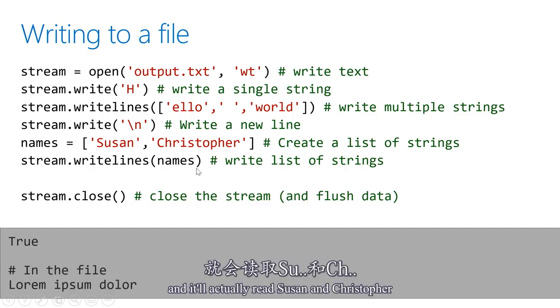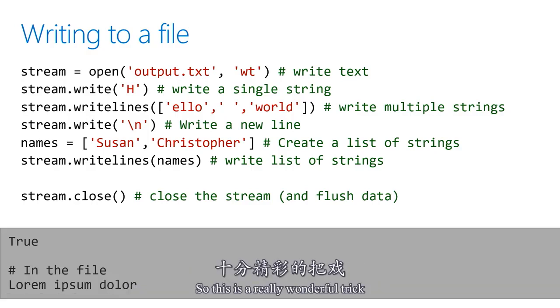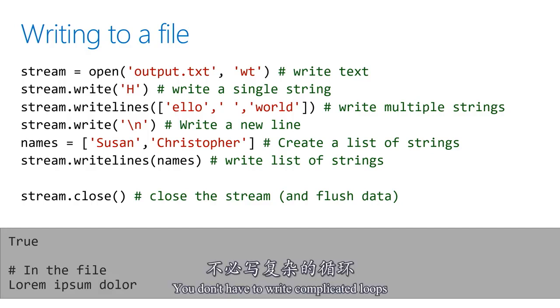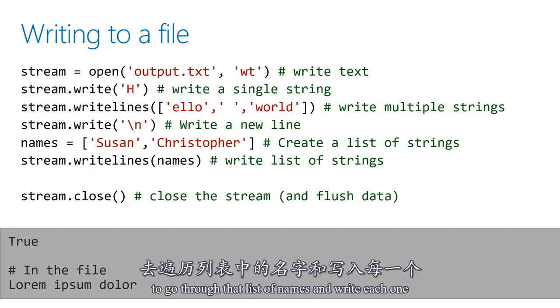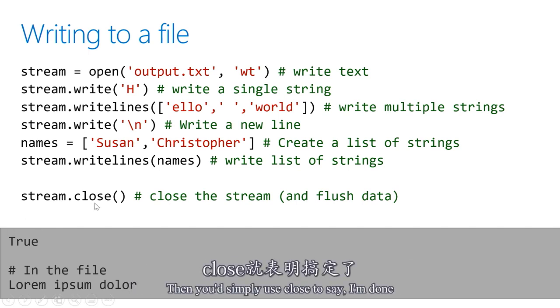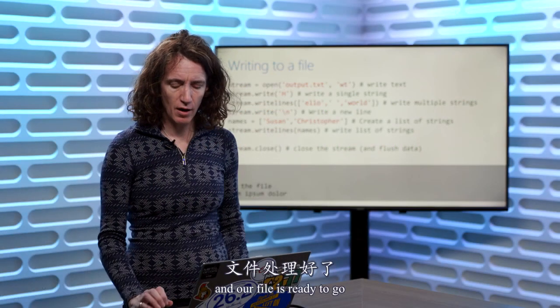And it'll read Susan and Christopher and write the names Susan and Christopher to the file as well. So this is a really wonderful trick if you've got a list of objects. You don't have to write complicated loops to go through that list of names and write each one. You can pass the list of names directly to writelines. And then you'd simply use close to say, okay, I'm done, close the stream, flush out the data, and our file's ready to go.